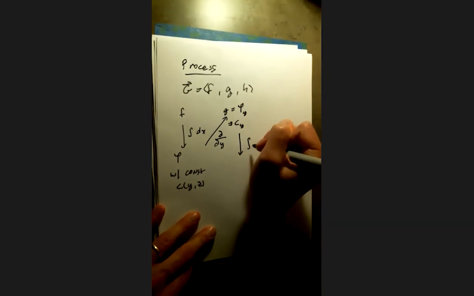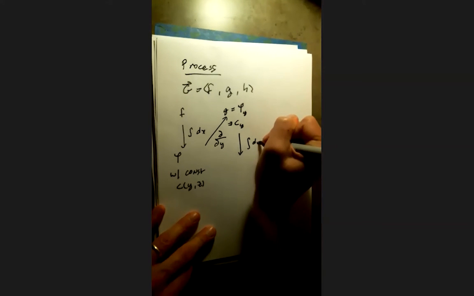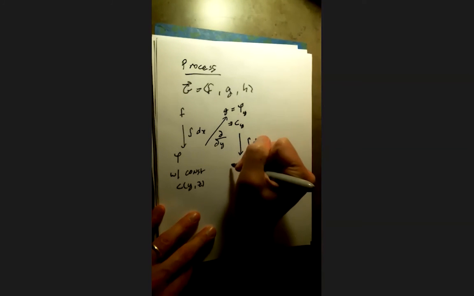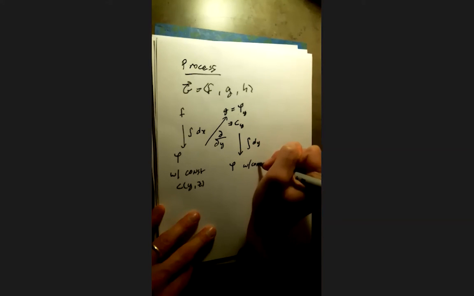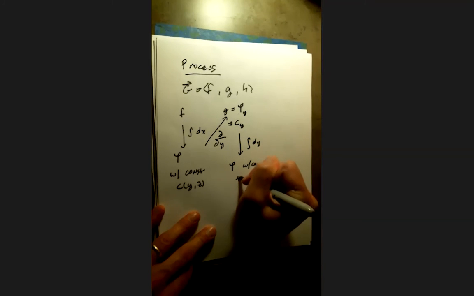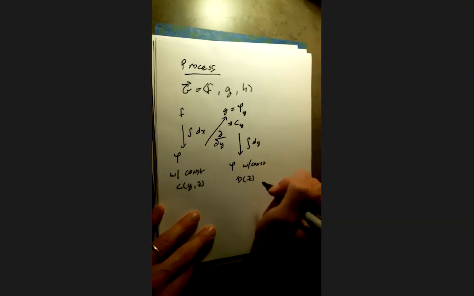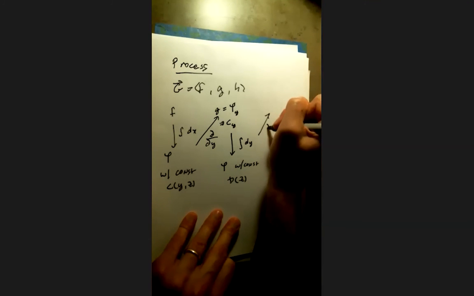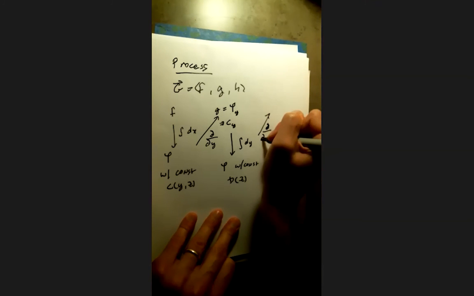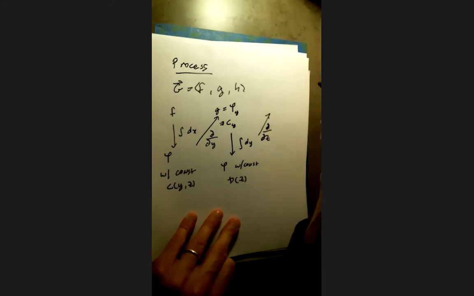Then we integrated with respect to y. And so now we found phi with constant d of z. And then we took the derivative, actually a straight up derivative, not a partial, with respect to z.